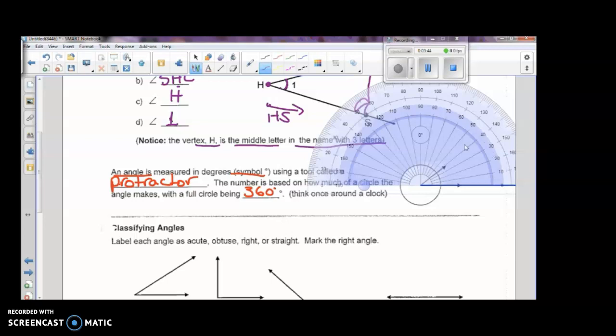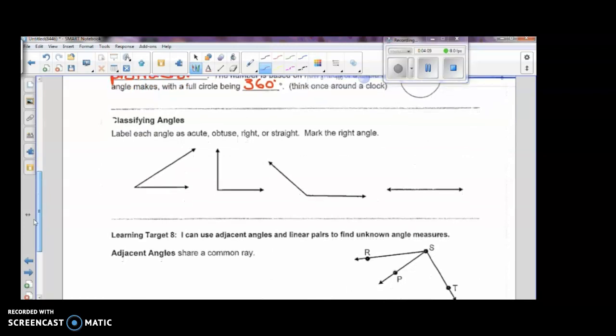In this case, since we're using the 0 on the inner ring, we're going to use the inner ring and read 40. Yep, see? Right there, 40. Just take a second to get this down.